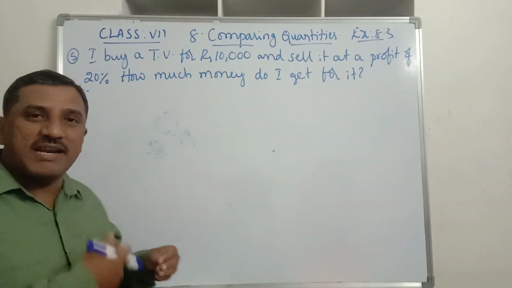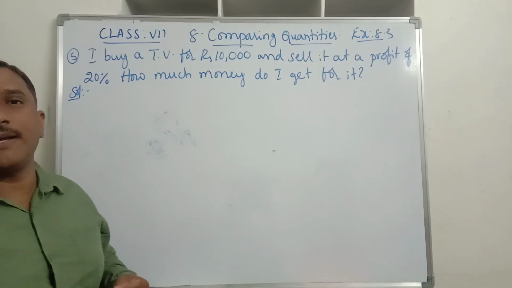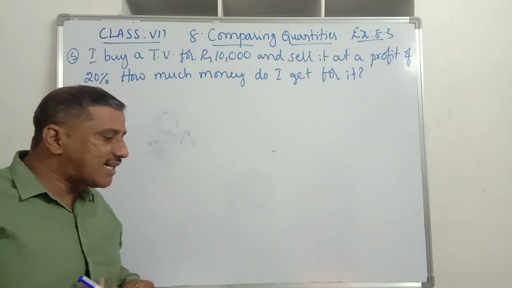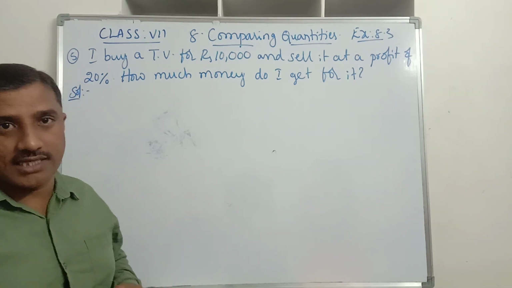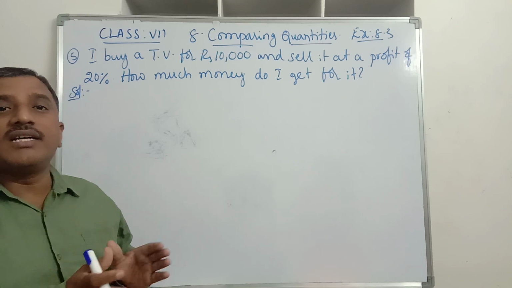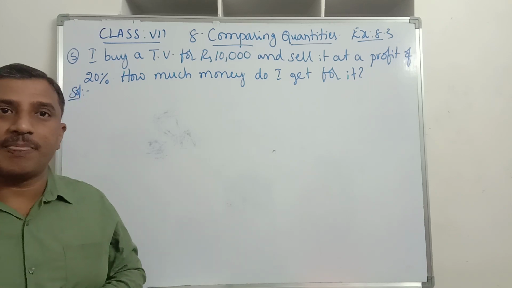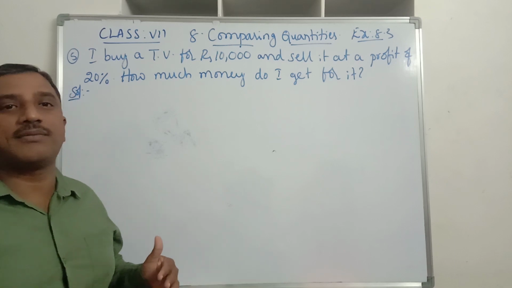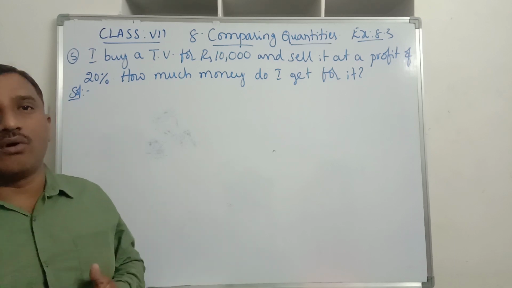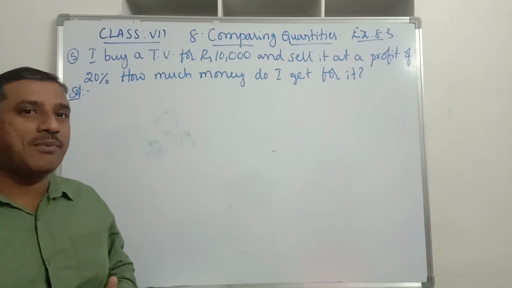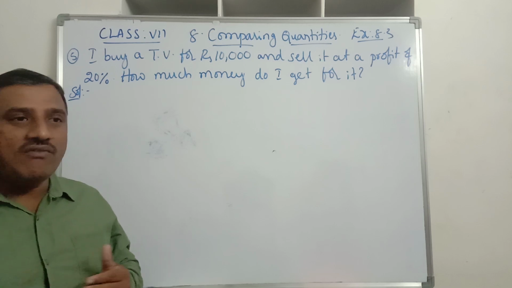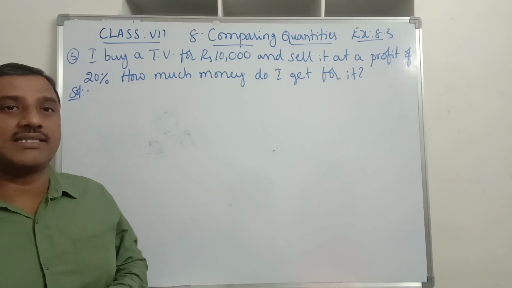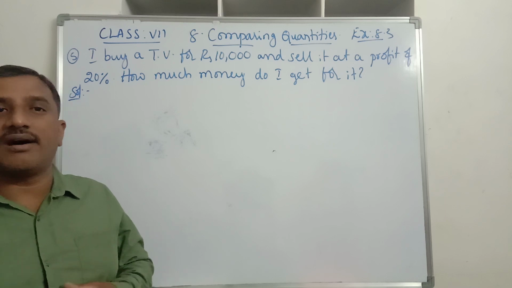What we discussed in the previous class, that we were discussing the 8th chapter, comparing quantities. In the last class we discussed the applications of percentage, that is converting ratios into percentages, and prices related to selling and buying, that is cost price, selling price, profit, loss, when we get profit, when we get loss, when we get neither profit nor loss, and how to find the profit percentage, and how to find loss percentage.